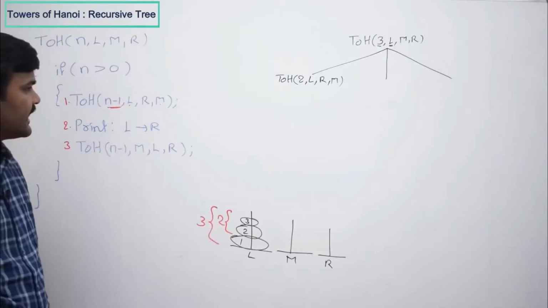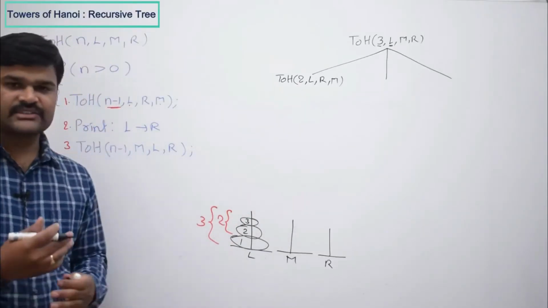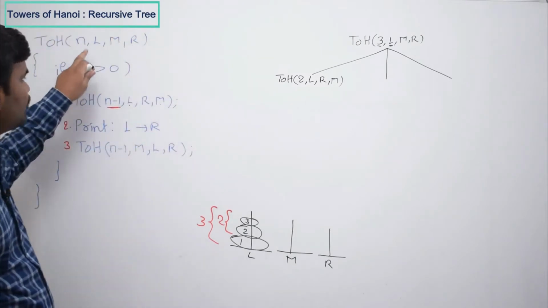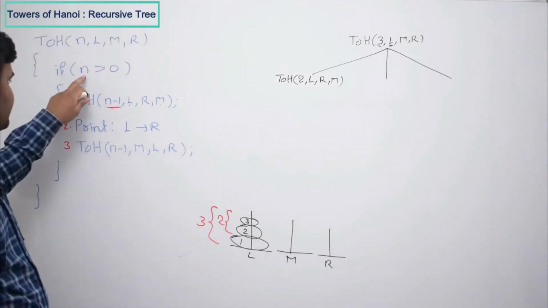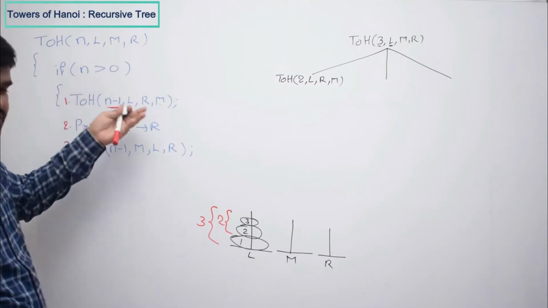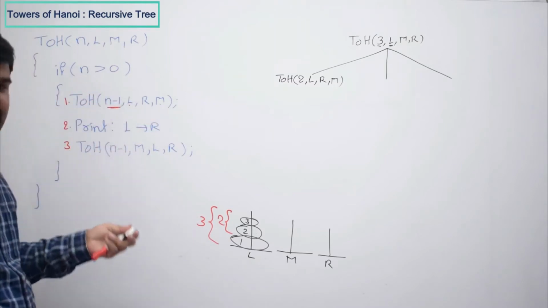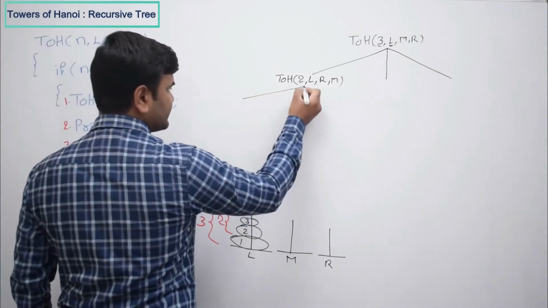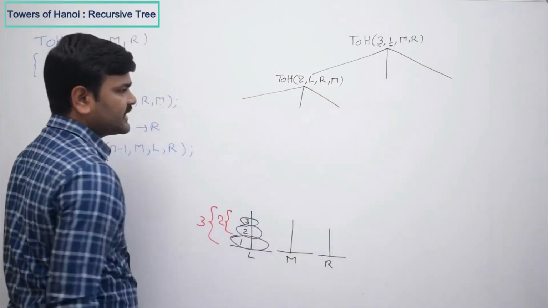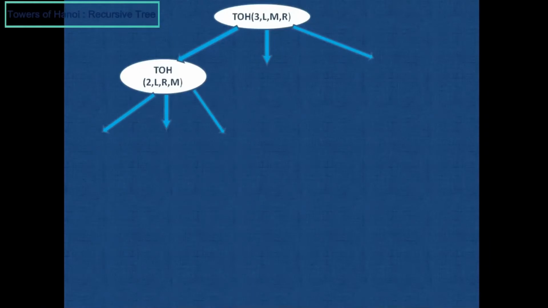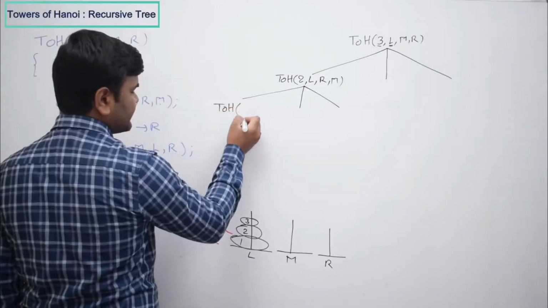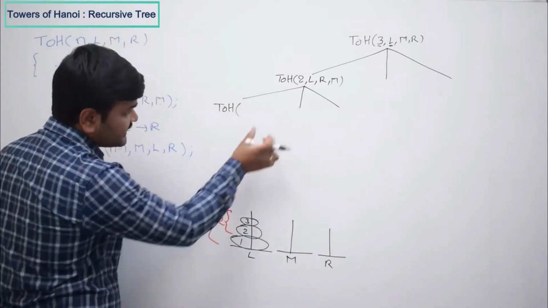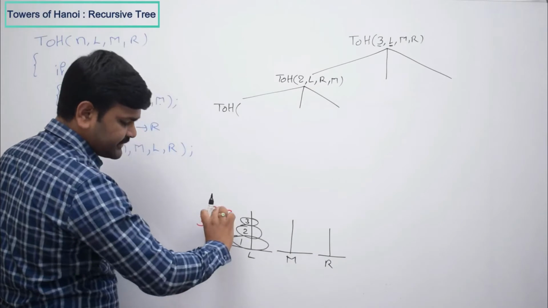Okay. Now again this is a recursive call. That means again it is calling the function with a new n value 2. So now the n value is 2, 2 greater than 0, the condition is true. Again these 3 statements we have to execute. So if you take these 3 statements again, this is what happened. Now here again Towers of Hanoi. Now if you observe, your target is these 2, this statement means these 2 have to shift.